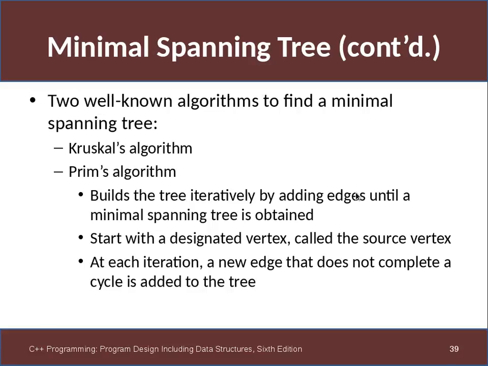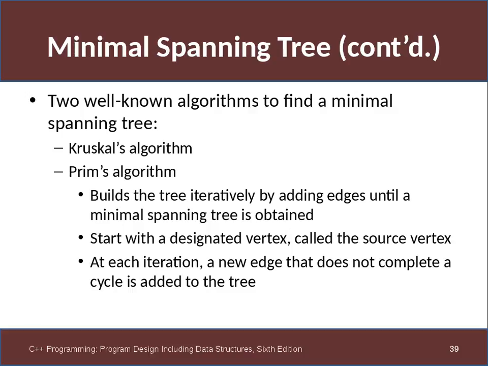There's two well-known algorithms to do this: Kruskal's and Prim's. We are going to discuss Prim's. And this one's fairly straightforward. We're going to talk about it. I'm not going to implement it in class. That will be your lab. And if you have some troubles, I'm sure there's plenty of internet research to help you out. But we want to build the tree iteratively by adding edges until a minimum spanning tree is obtained.